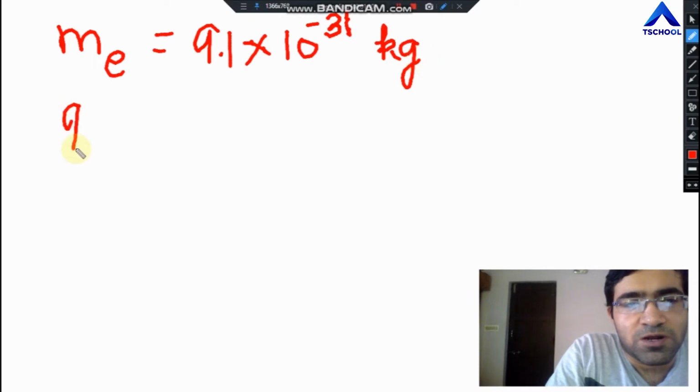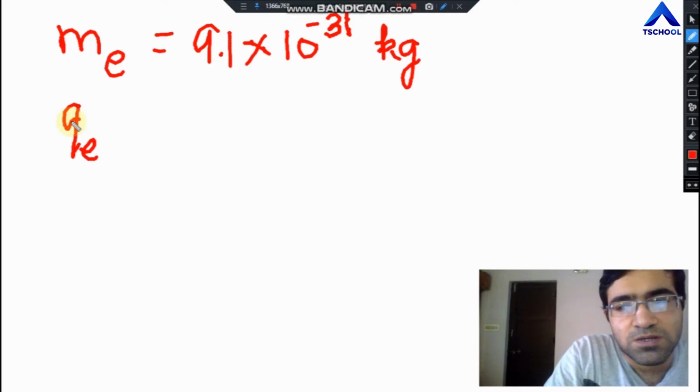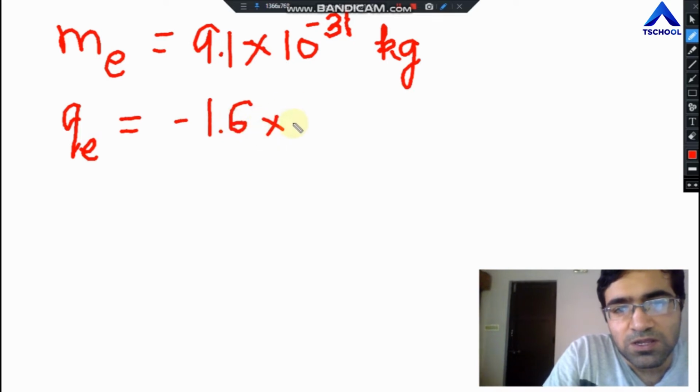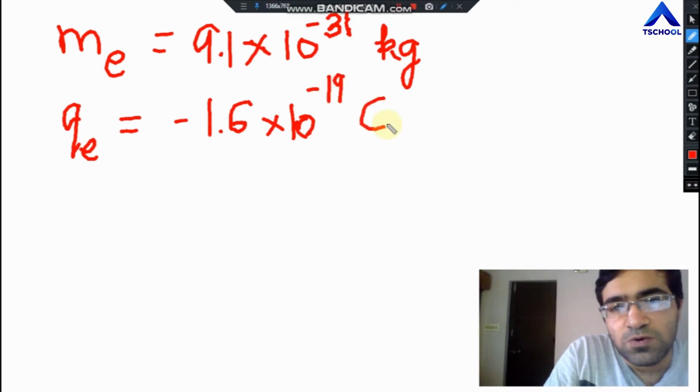Now the charge on the electron, Q is the symbol of charge, E is the symbol for electron. So the charge on the electron is minus 1.6 into 10 raised to minus 19 Coulomb.